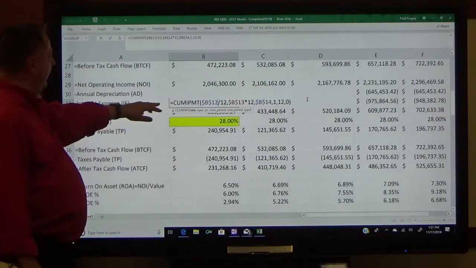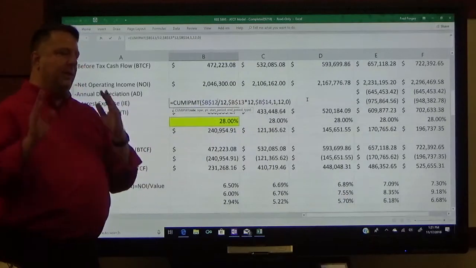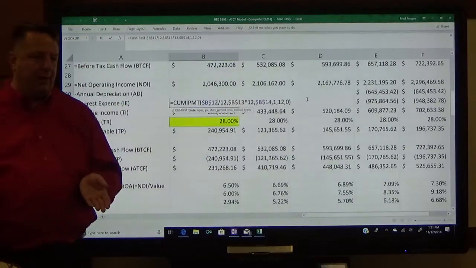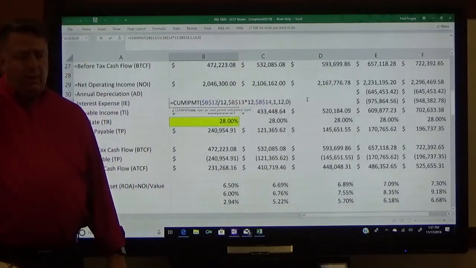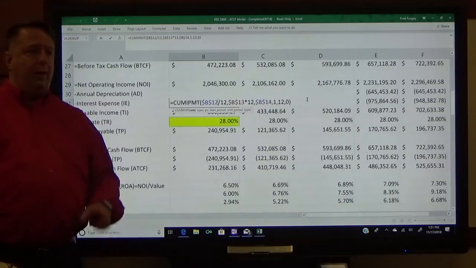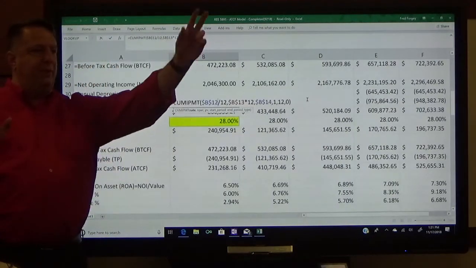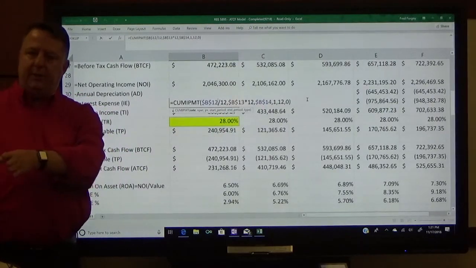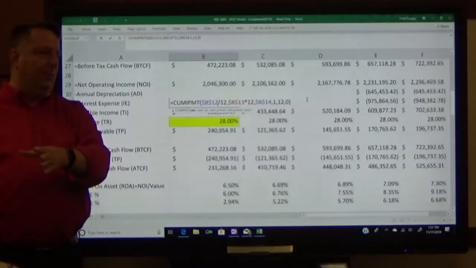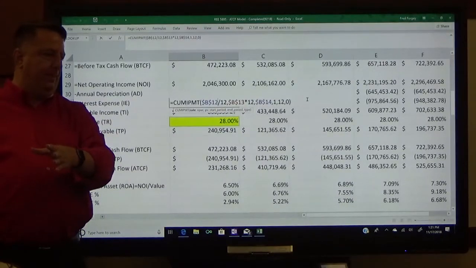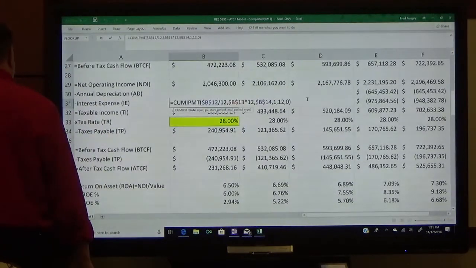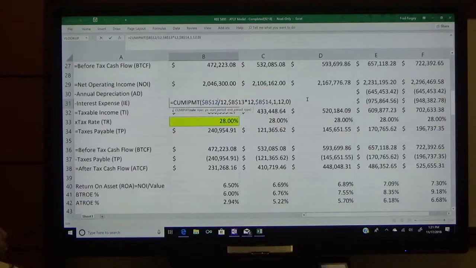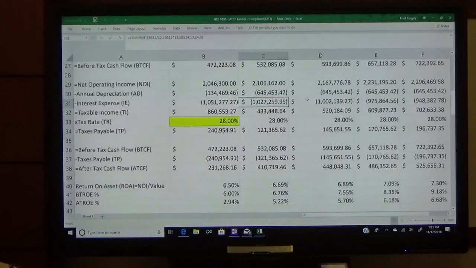But the point is, this is the equivalent of using the calculator and saying, here's our loan information, and then doing one input, 12, shift, amortize, equal, and getting the interest portion for those 12 months. Does that make sense, everybody? So if we wanted to change those periods, we would start changing the 1 and just put 12, so like 24, for example, just look over at the next column over.